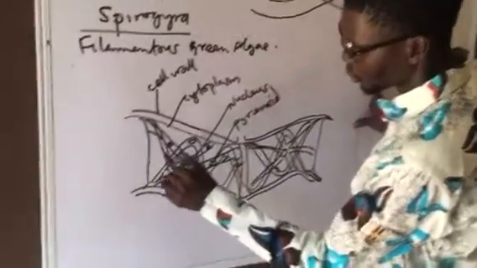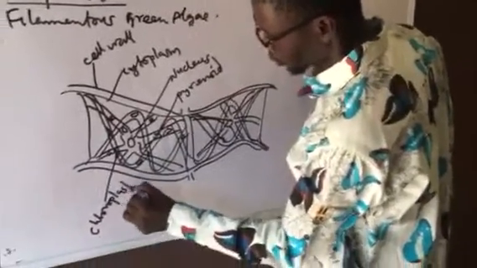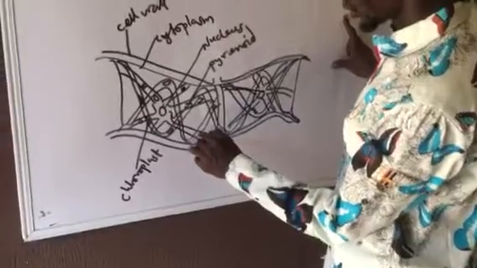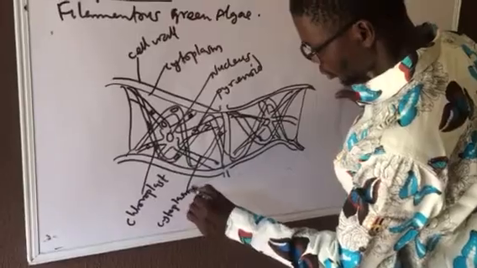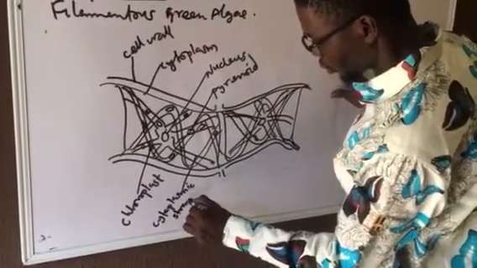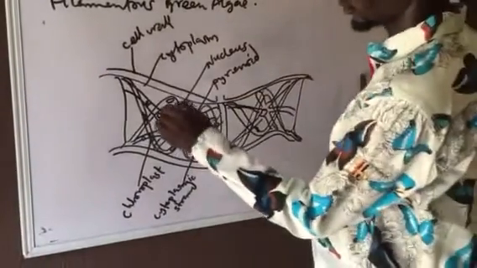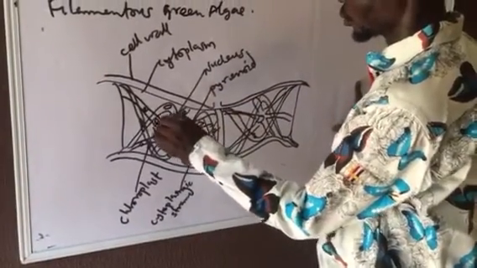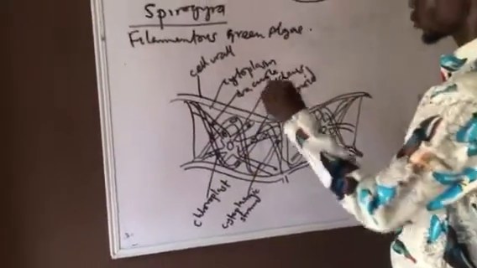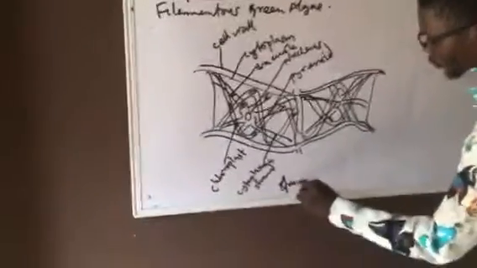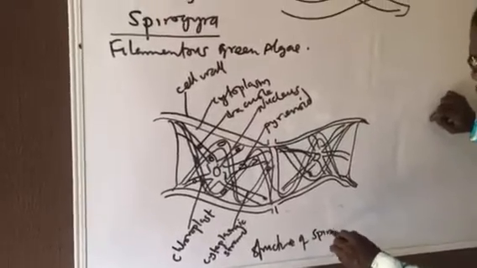We have the chloroplast. Cytoplasmic strand. We also have the vacuole. So that is the structure of Spirogyra.